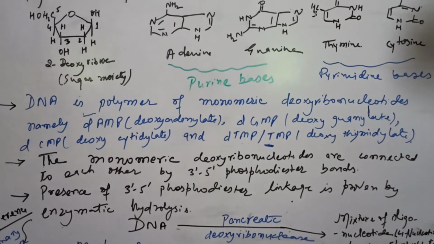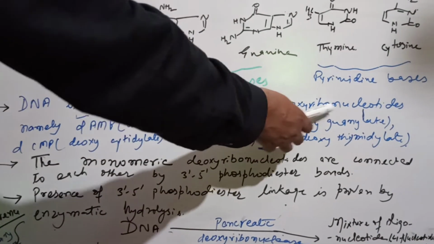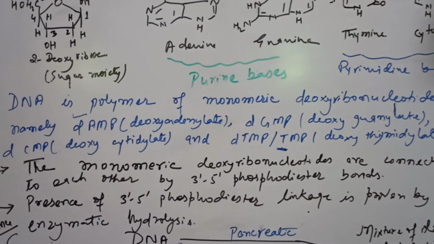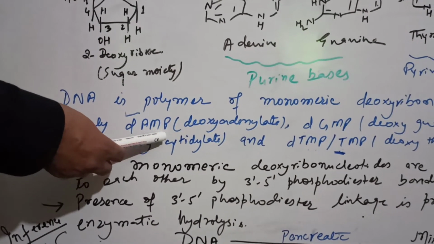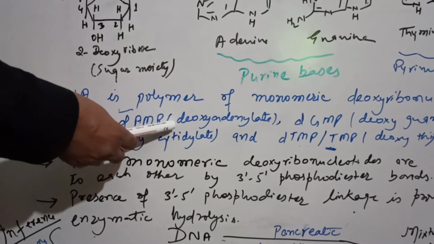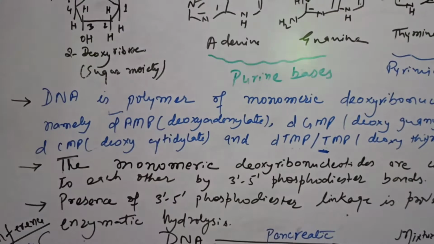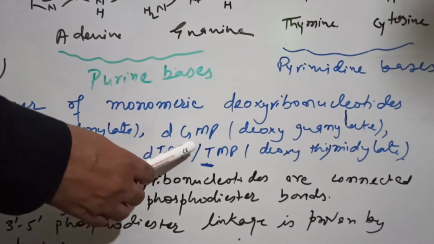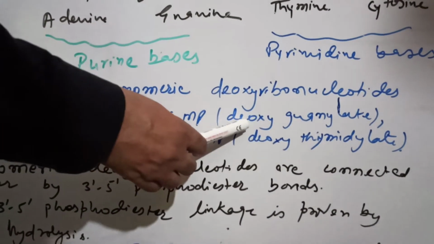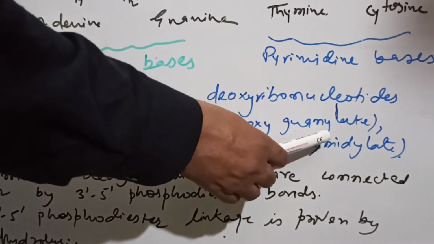What are these deoxyribonucleotides? These are deoxyadenosine monophosphate, also called deoxyadenylate, then deoxyguanosine monophosphate, that is deoxyguanylate.